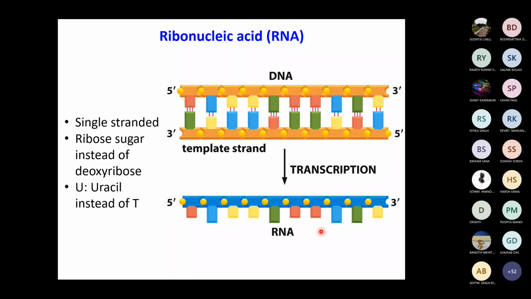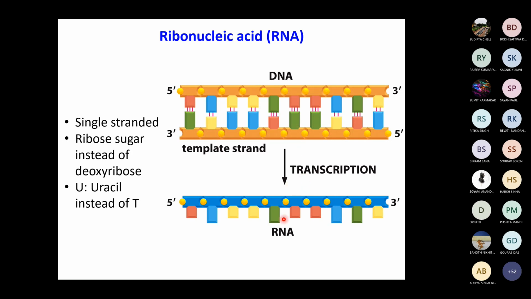Now moving to the ribonucleic acid, or RNA. You can see this is DNA, which is double helical, and RNA is a single helical structure. RNA is actually formed from the DNA, and the phenomenon is known as transcription, which we'll be discussing more in the molecular biology class.